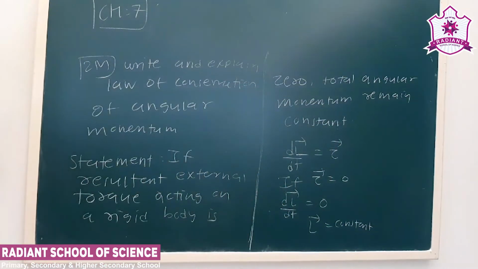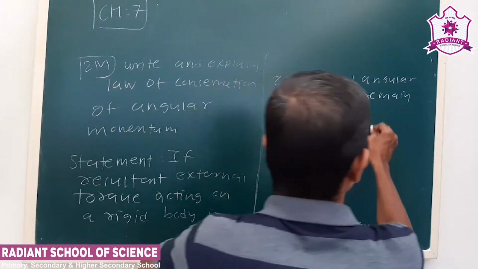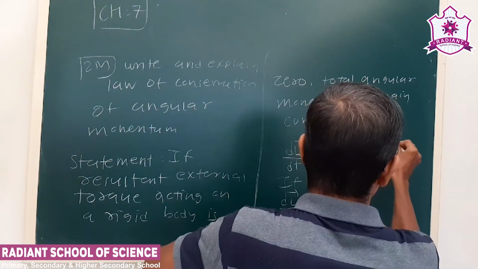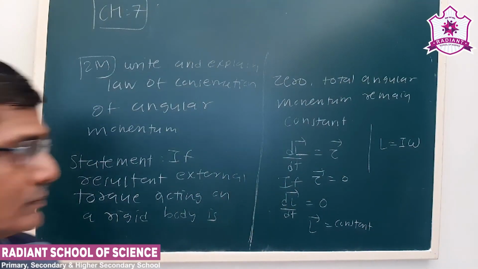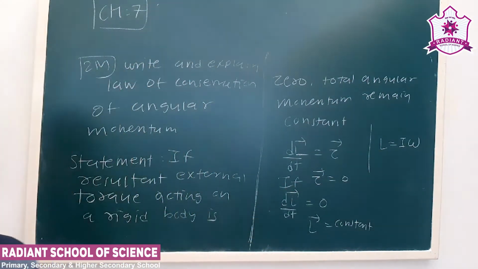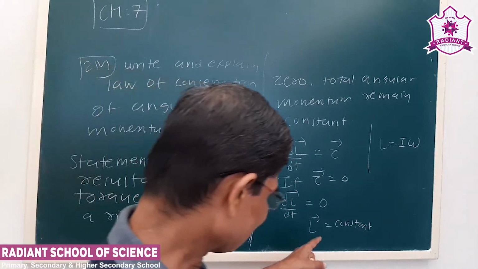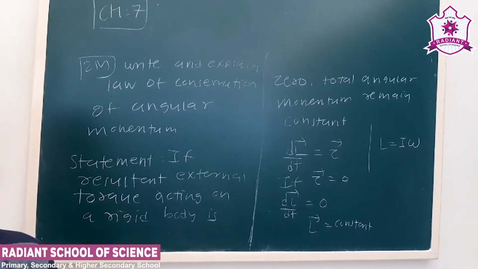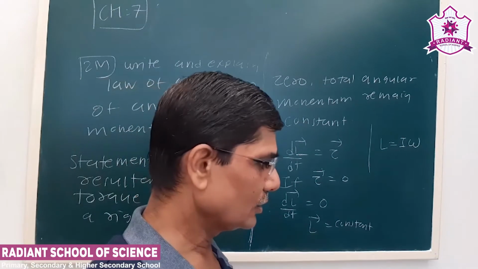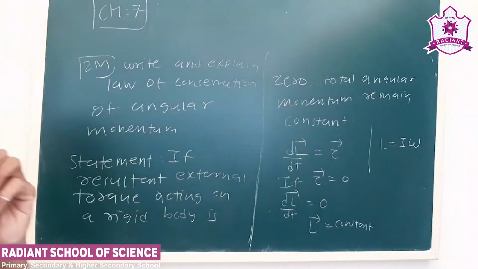Now one more relation: L is equal to I omega. L is the angular momentum, I is the moment of inertia, omega is the angular velocity. Now there are a number of consequences of the law of conservation of angular momentum.